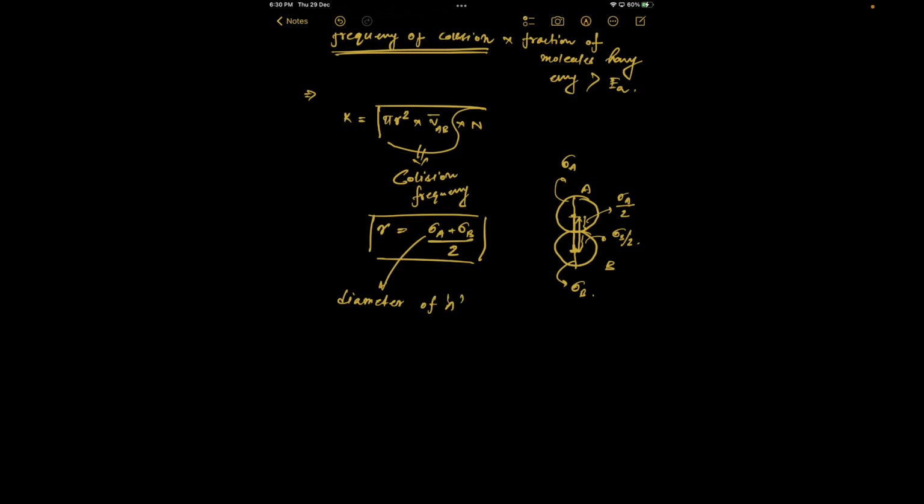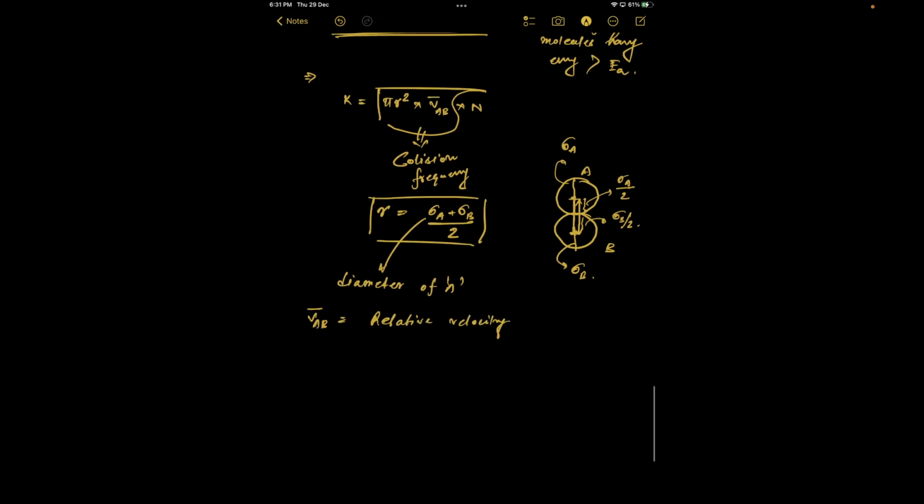Then VAB is the average relative velocity between A and B molecules. It has the particular form root over of 8 kB T divided by pi mu, where kB is the Boltzmann constant, T is the absolute temperature, and mu is the reduced mass.